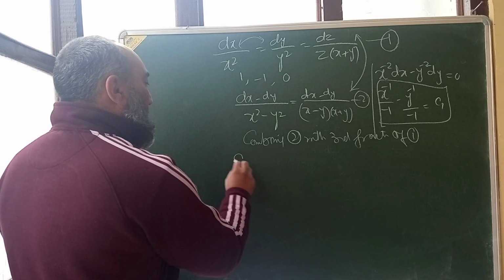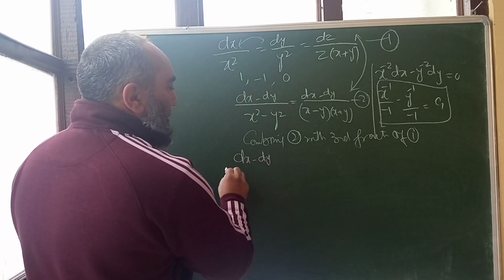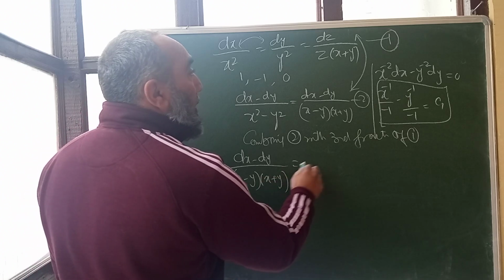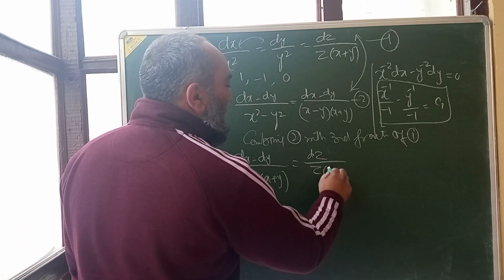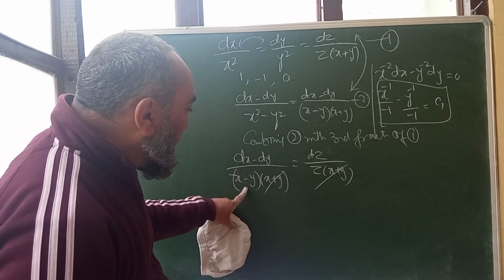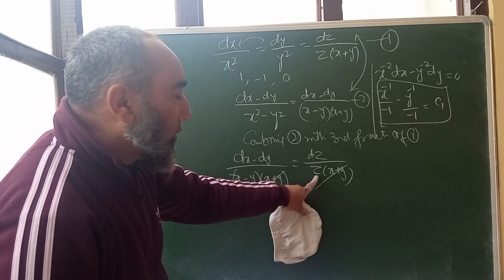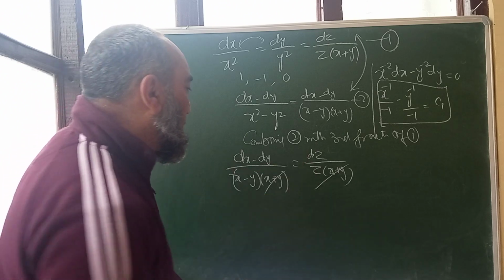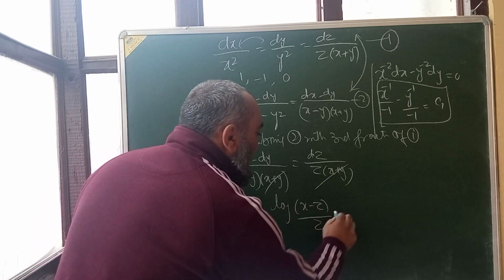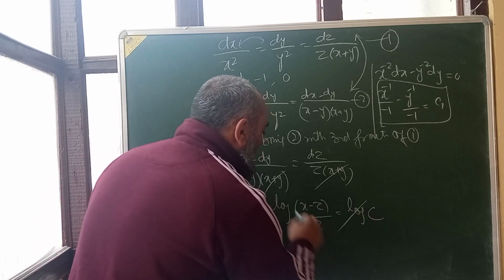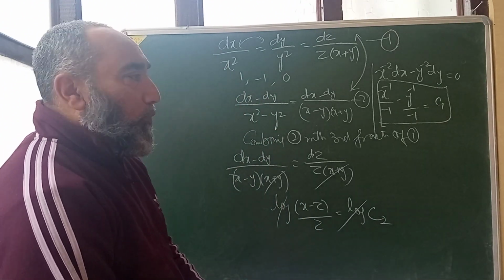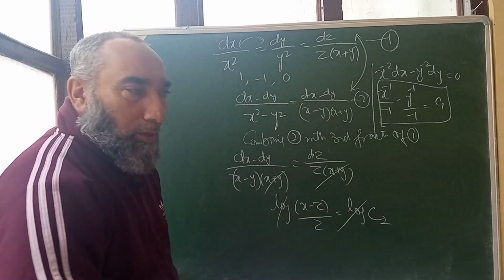What will I get? dx minus dy over x minus y into x plus y equals dz upon z into x plus y. So x plus y goes, this is the numerator, this is the exact differential of the denominator. So this is log of x minus y by z equals log of c2. So this gives the solution. Okay? I hope I am able to teach you something, huh?